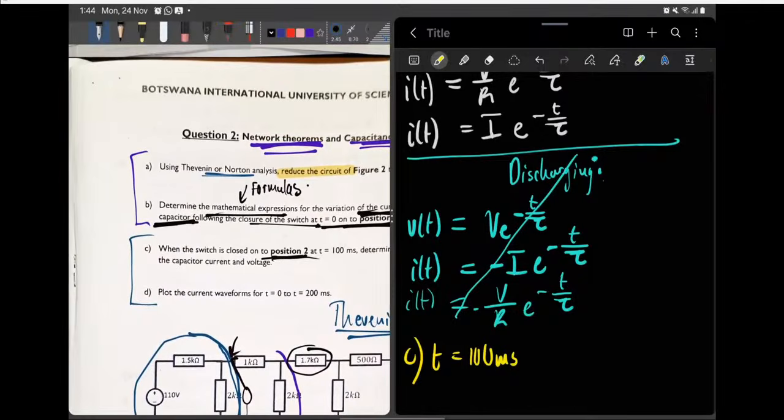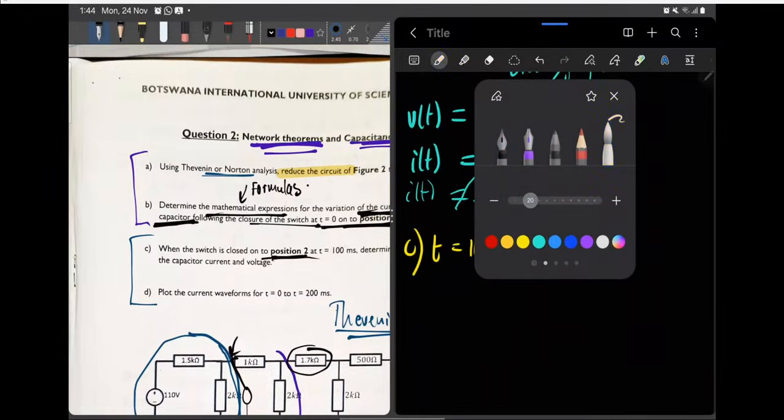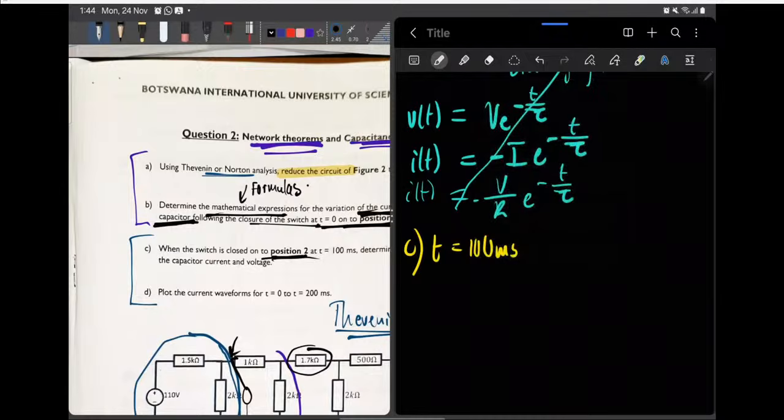So let's quickly put it. Now, what are we going to get? We start by getting what? Yeah, okay, we know that our time is going to be 100 milliseconds. You could even change that.